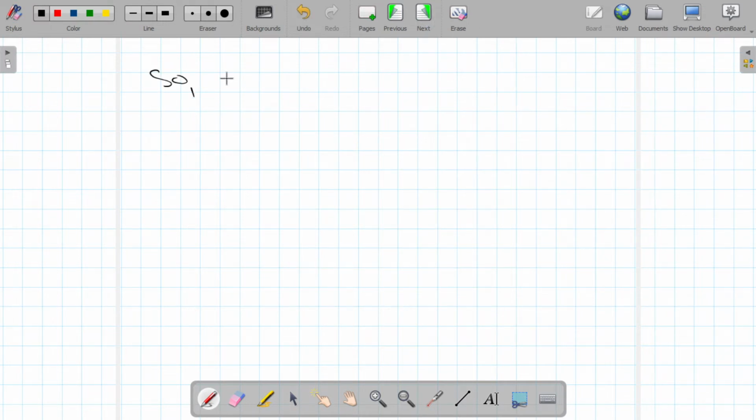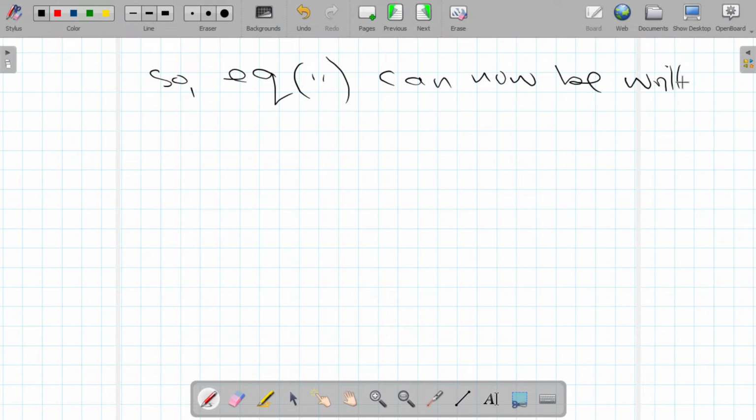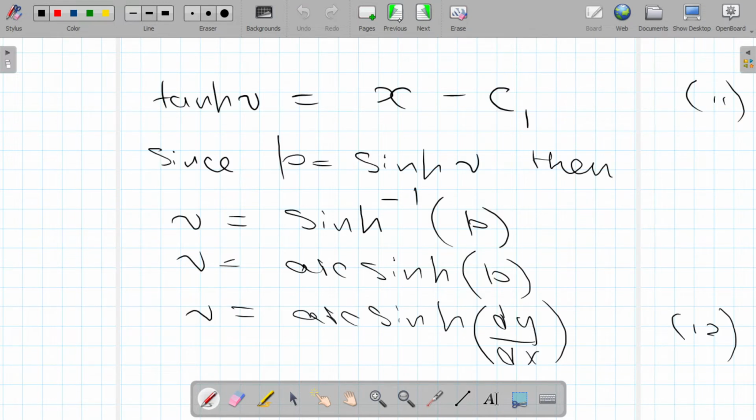So equation 11 can now be written as, well, we've got a hyperbolic tangent term, haven't we? Let me just go back to that.